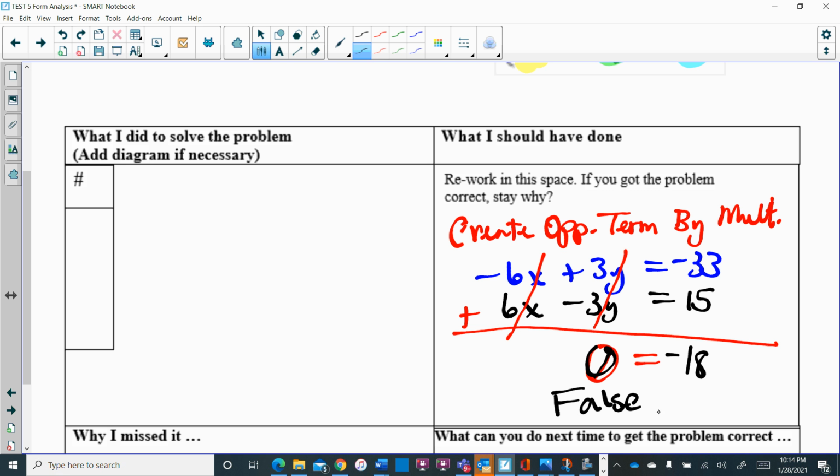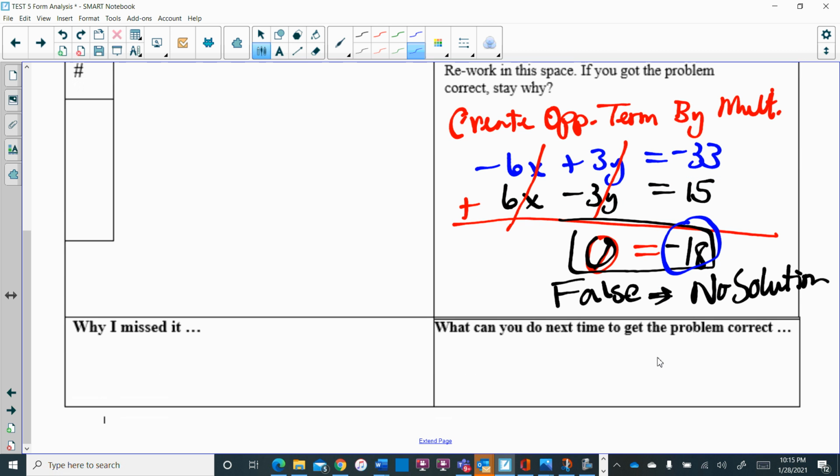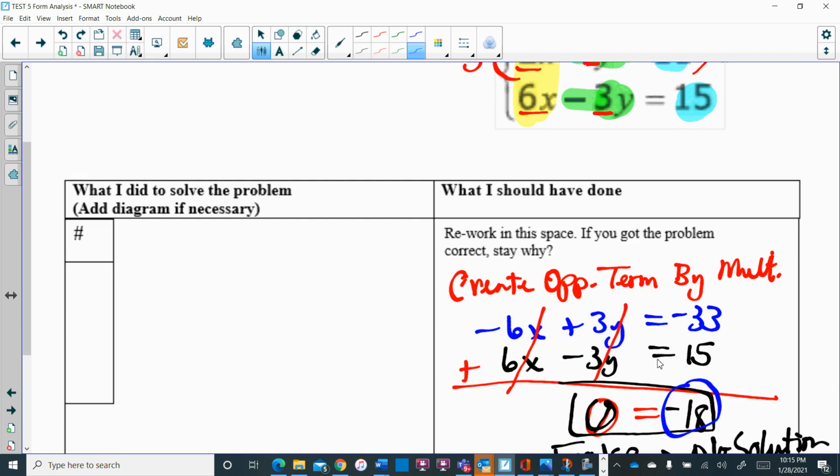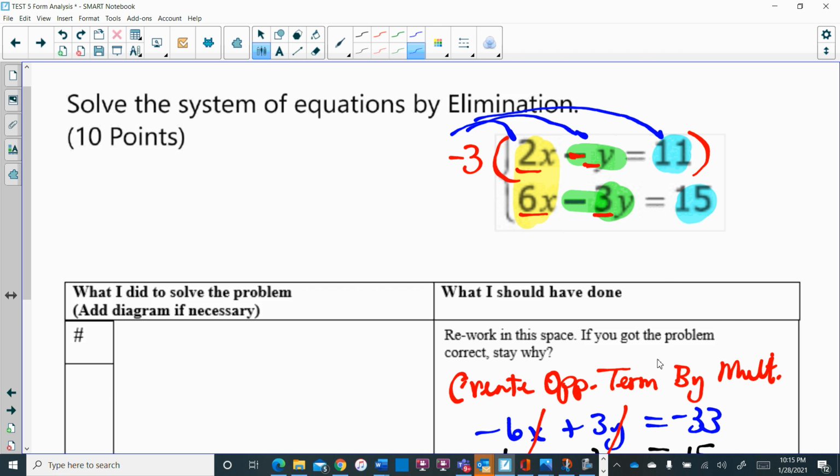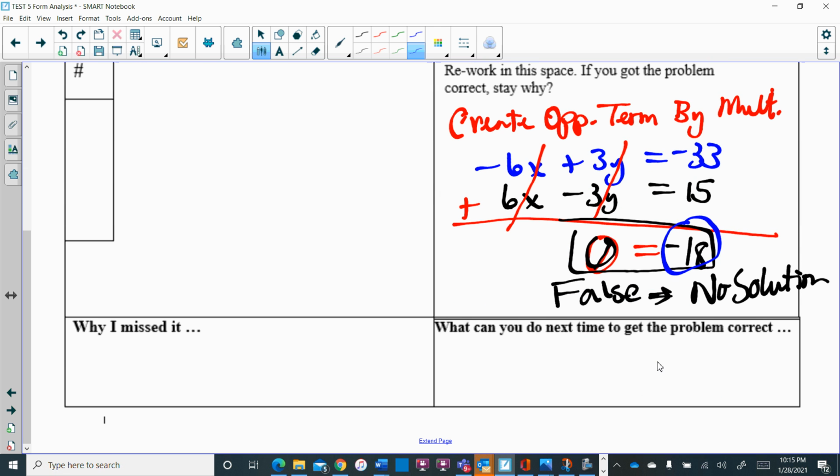So when I have a false statement, then what you really have is what we call no solution. And so some of you, I gave you credit because you showed the false statement. Some of you showed just maybe the negative 18. Negative 18 what? So some of you wrote false, and I gave you partial credit for that, but because we're solving, that needed to be no solution, okay?